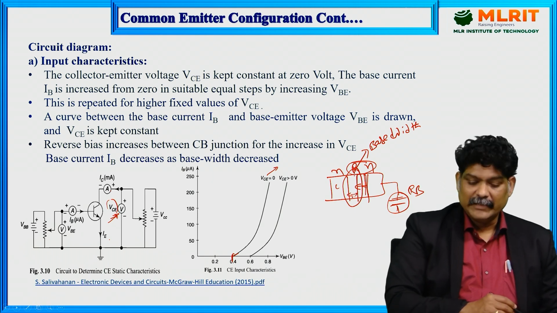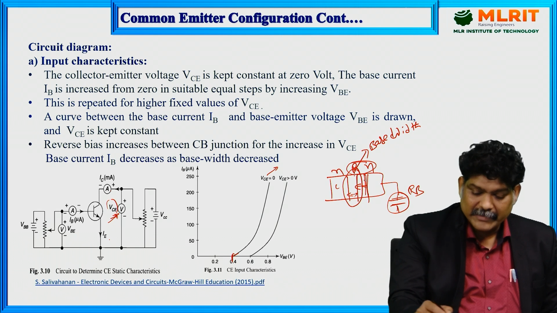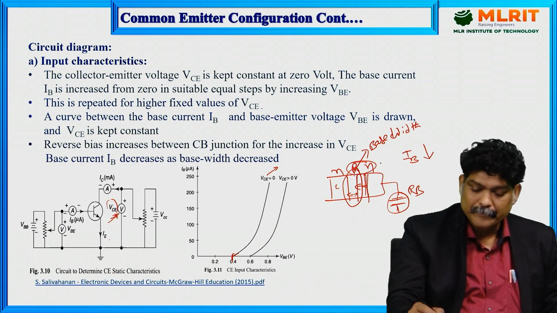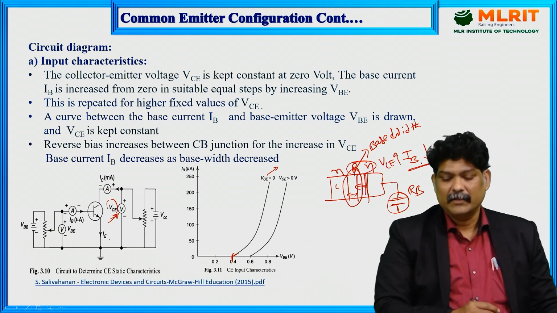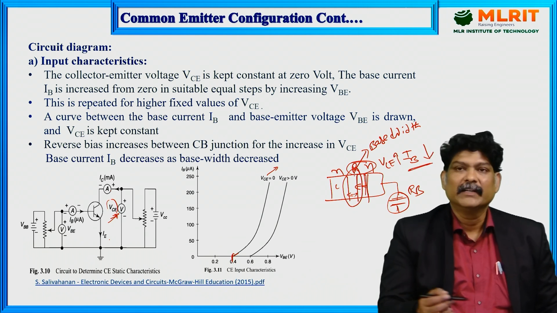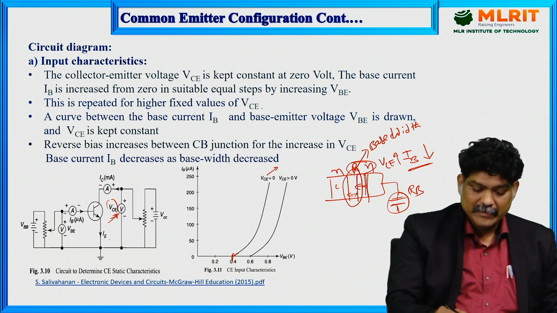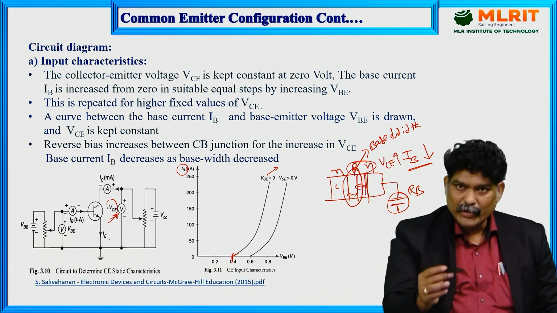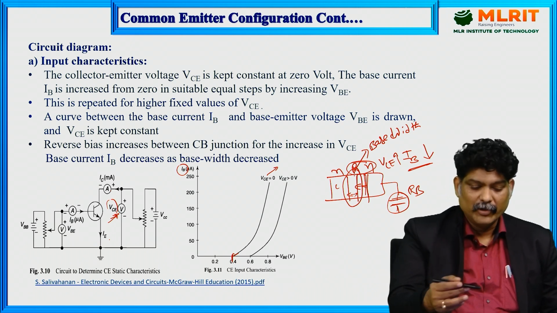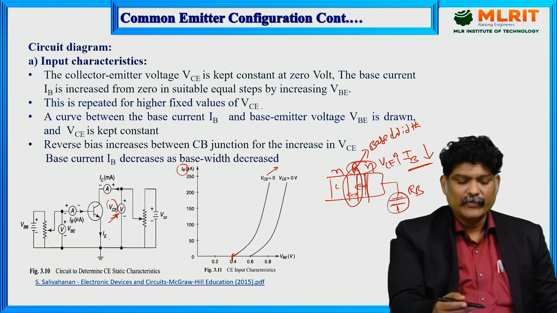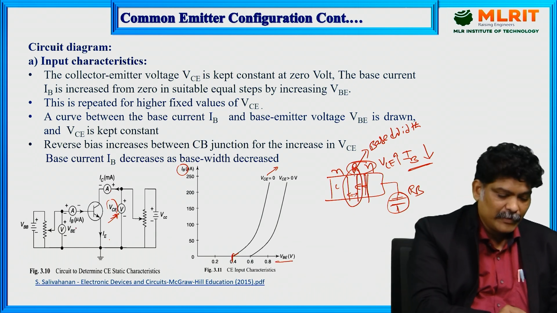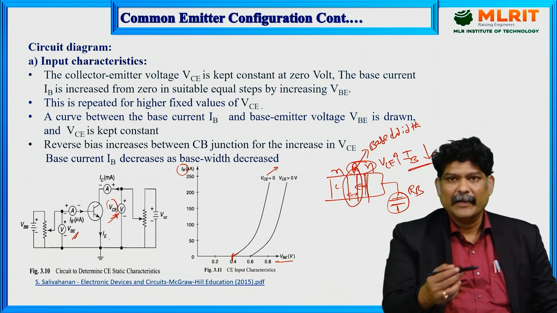So the effective base width decreases. Because of this reason, the IB value decreases if you increase VCE. The base current decreases, so in order to reach the same value which we had previously, we need to increase the input voltage VBE to get the IB value again.